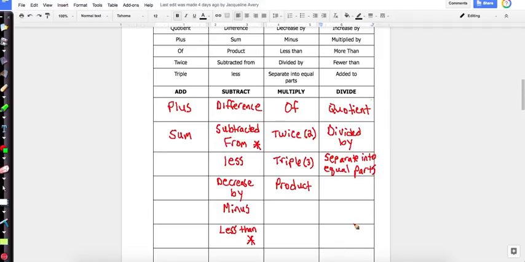Increase by, addition. Multiply by, multiplication. More than, addition.